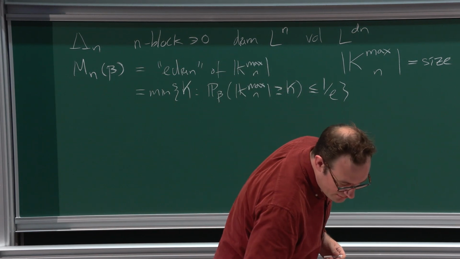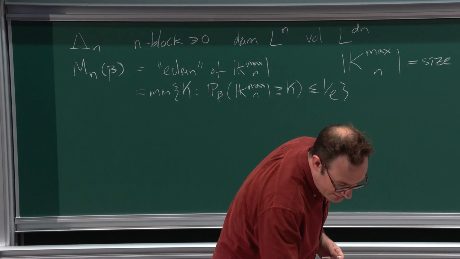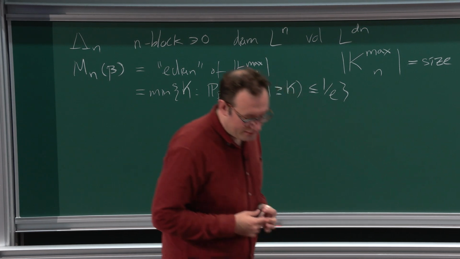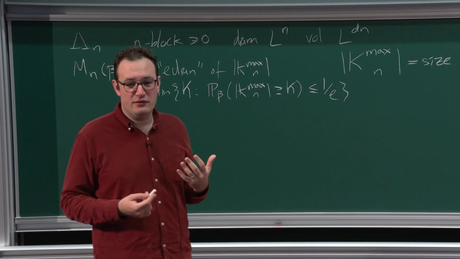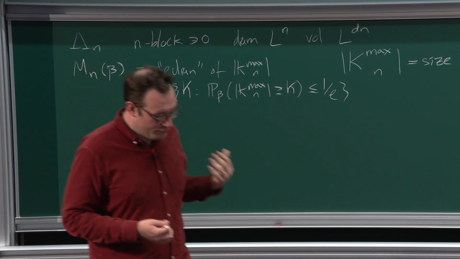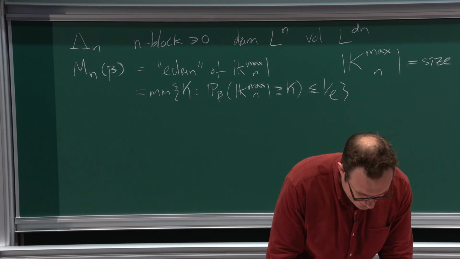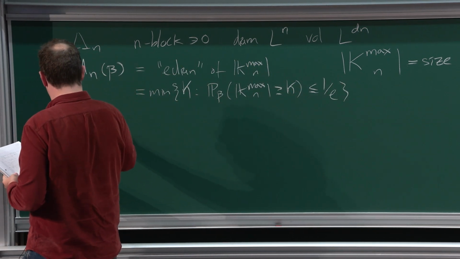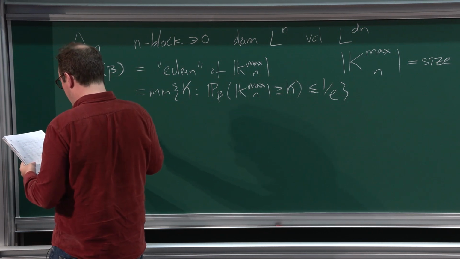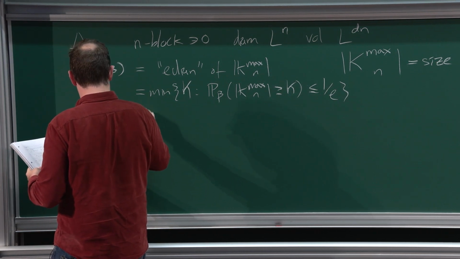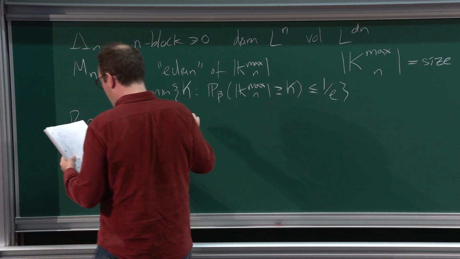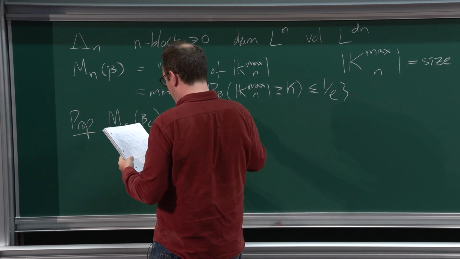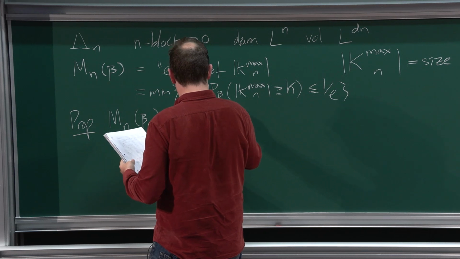Good. So the first goal is going to be to study this quantity, and we're going to prove the proposition that Mn beta c is always big O of L to the d plus alpha over 2n.